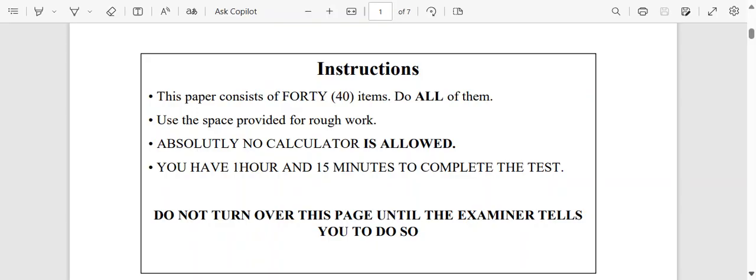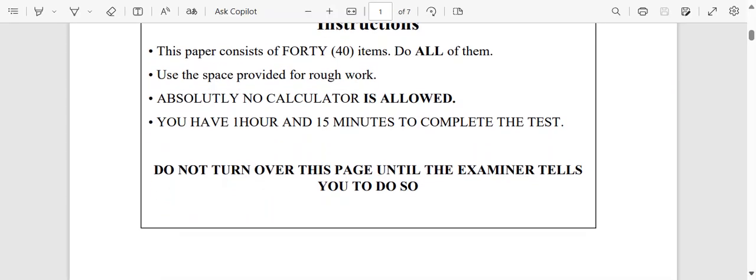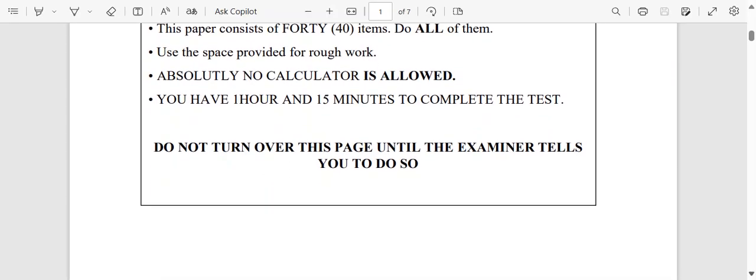Clear? So the instruction says that the paper consists of 40 items and you're to do all of them. It says also that you're to use a space provided for rough work. And of course, absolutely no calculator. And this is because it is a multiple choice question paper.